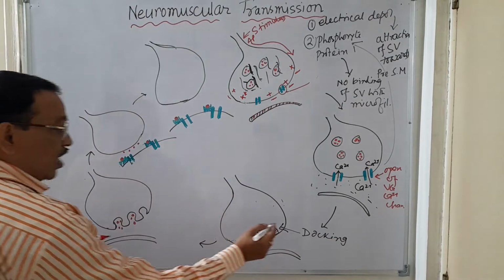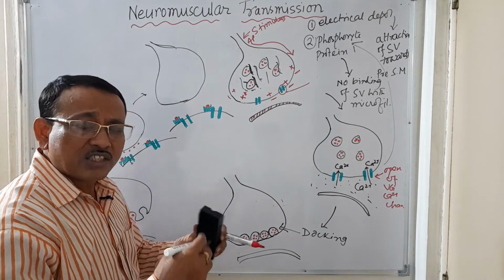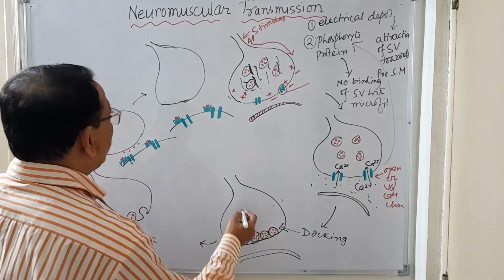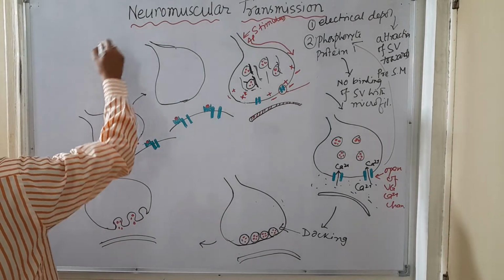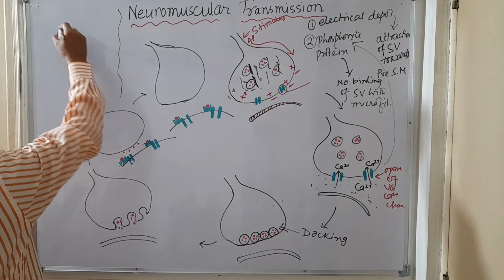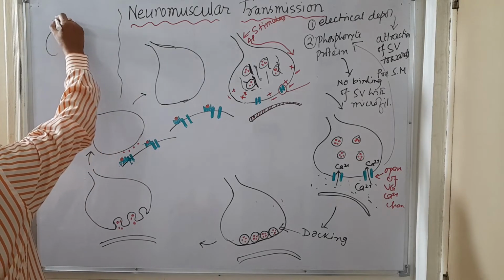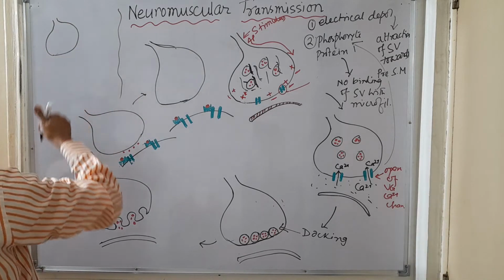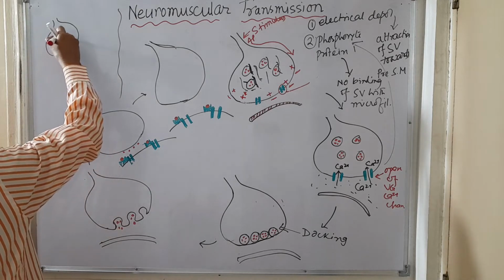So what's happened in this docking? What is actually docking? Docking takes place here. You see, suppose this is the synaptic vesicle which contains the neurotransmitters.